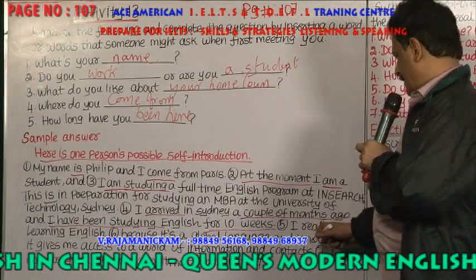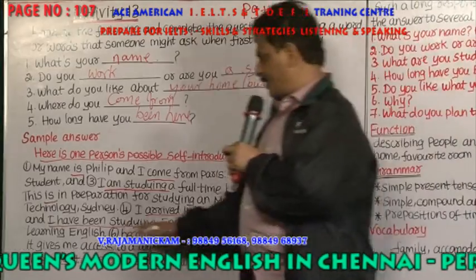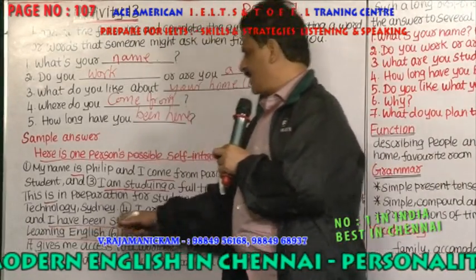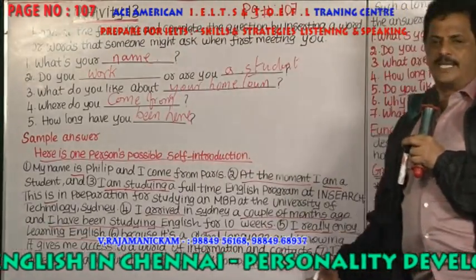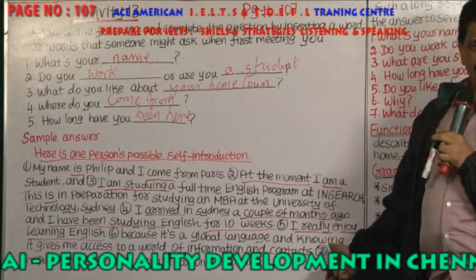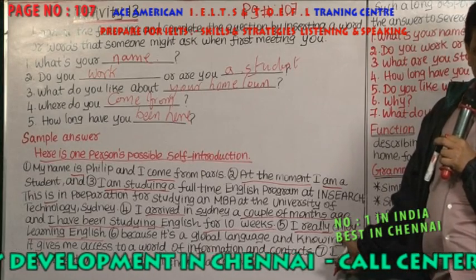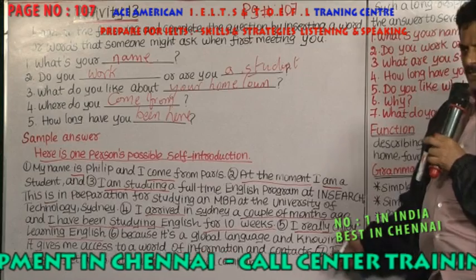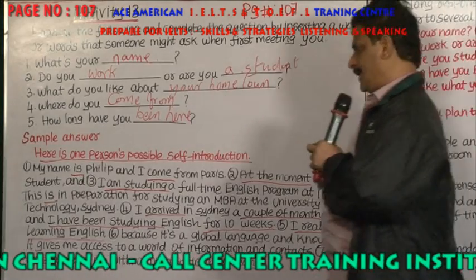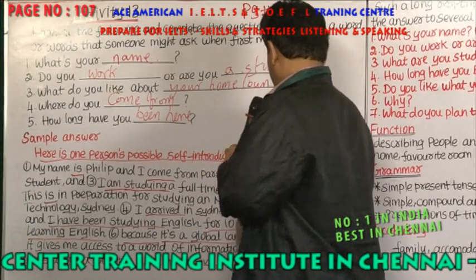Okay, now, I really enjoy learning English. So he is now in the present, so he is using enjoy. Is enjoy a verb or an adjective? Verb. Right? I enjoy learning English because it's a global language.